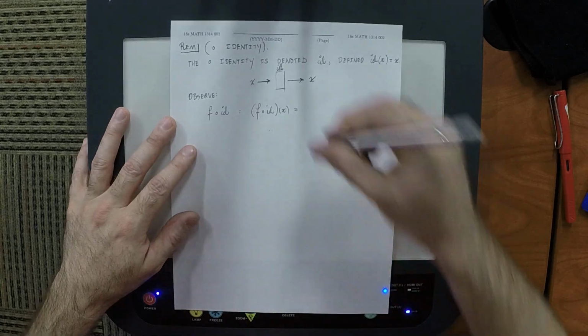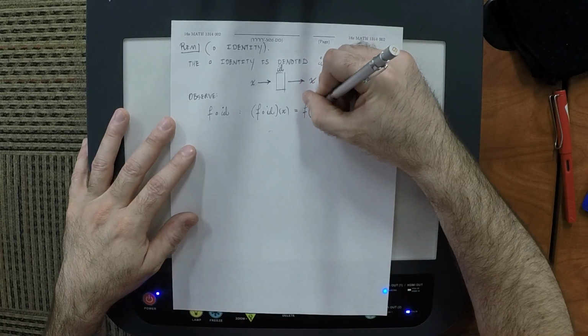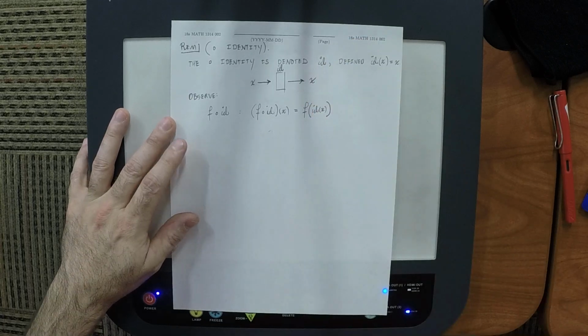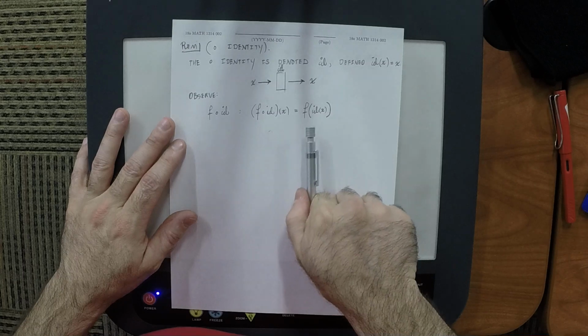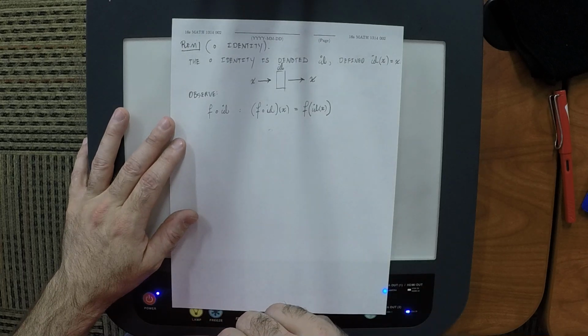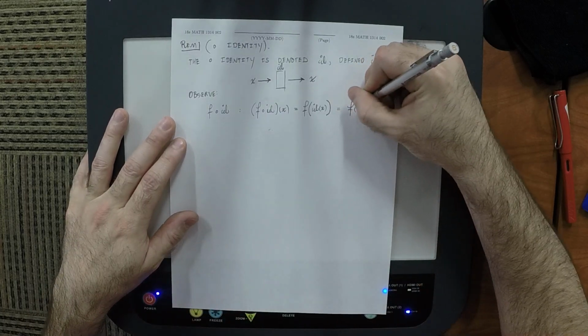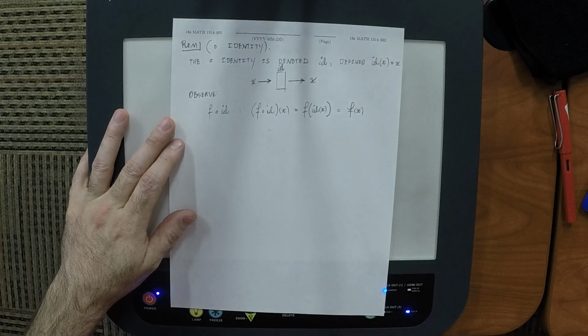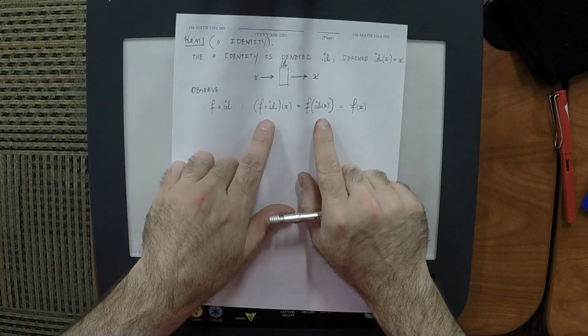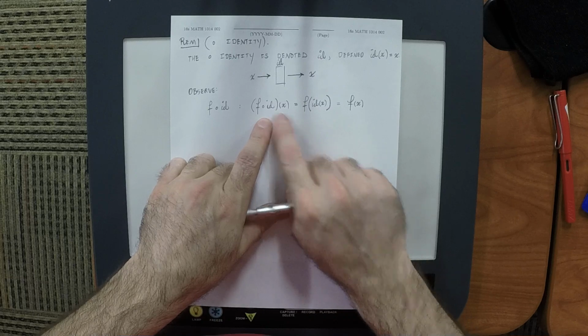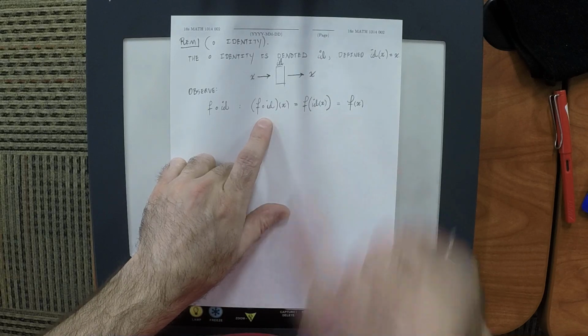F of ID of x, right? Just like f of g of x on the previous page. And then what's the formula for ID of x? X. So what I want you to see is that what effect did that ID have? None, right?